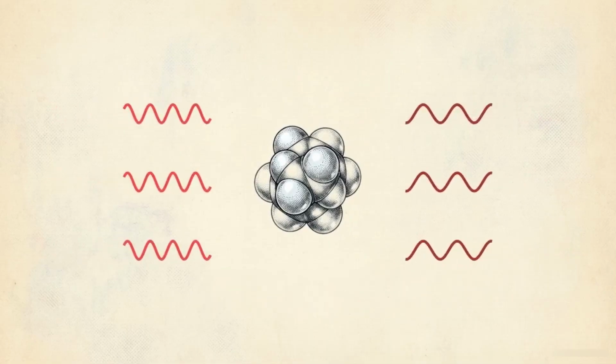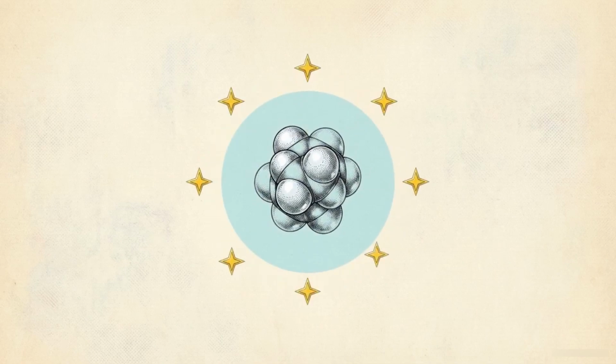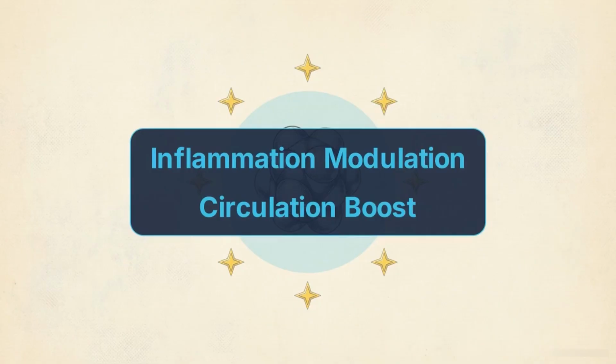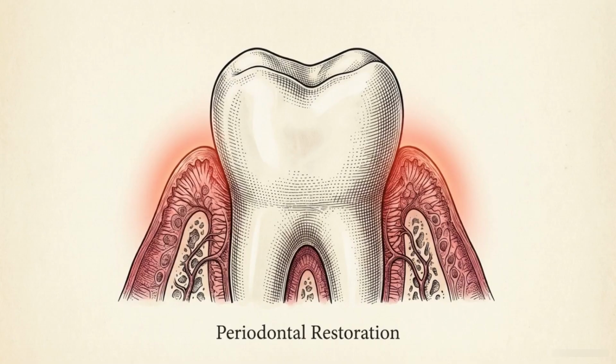Striking this enzyme with targeted light forces the mitochondria to increase their production of ATP, the base molecule responsible for cellular energy. By increasing the energy reserves of these cells, the localized tissue can modulate inflammation and increase local blood circulation. Clinically, this bioenergetic cascade directly accelerates periodontal wound healing, reduces gingivitis, and actively soothes oral mucositis.